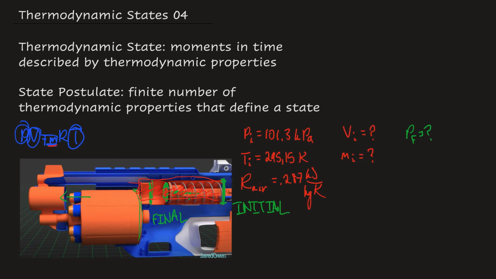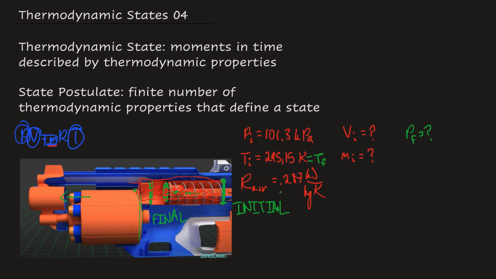Now this is definitely not going to really happen in reality because the piston is moving molecules of air. It's causing some friction and heating up that air. But because this is a nerf gun and it's not generating that much heat, we'll just say that this is roughly equal to the initial temperature.